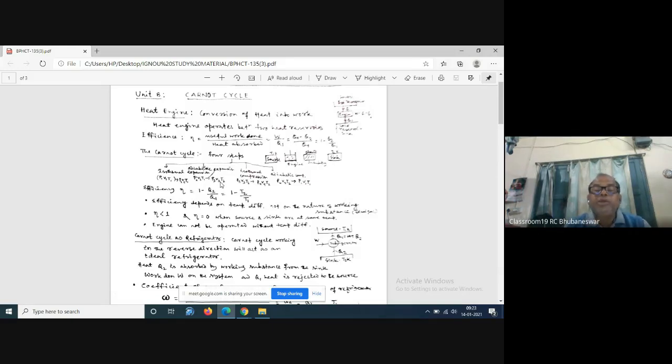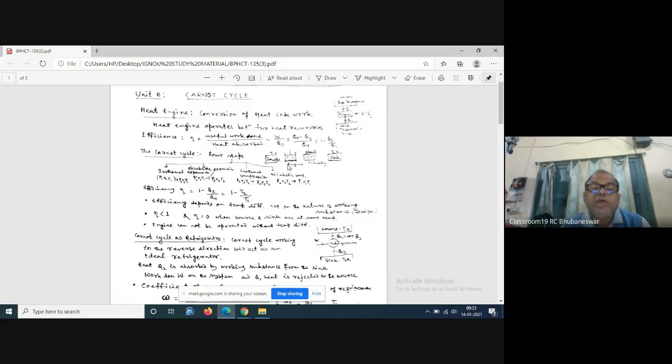Next we will place the barrel over the sink. Now, when we place the barrel over the sink, compression starts. That means the barrel is moved downward so that the gas compresses, the volume decreases, pressure increases, and temperature also increases.